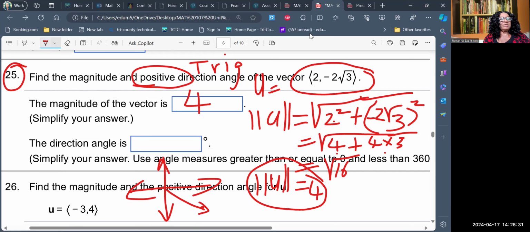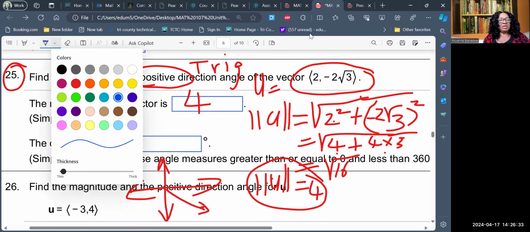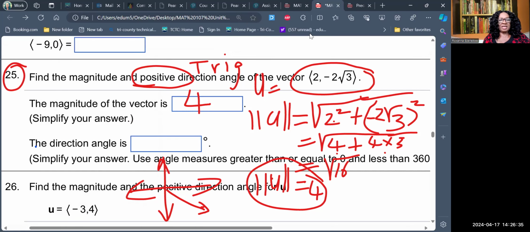And we already know from the first unit that all students take calculus. So in the 1st quadrant, all 3 ratios are positive. And all we need now is that this vector is in the 4th quadrant.